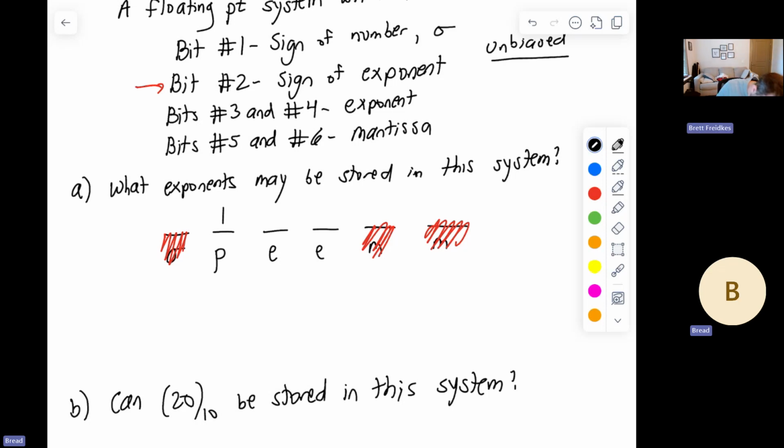And I know that the biggest negative exponent I can have will be based on the biggest exponent in general that I can store, which for this problem would be 1, 1. So the biggest negative exponent would be negative 1, 1 in binary.